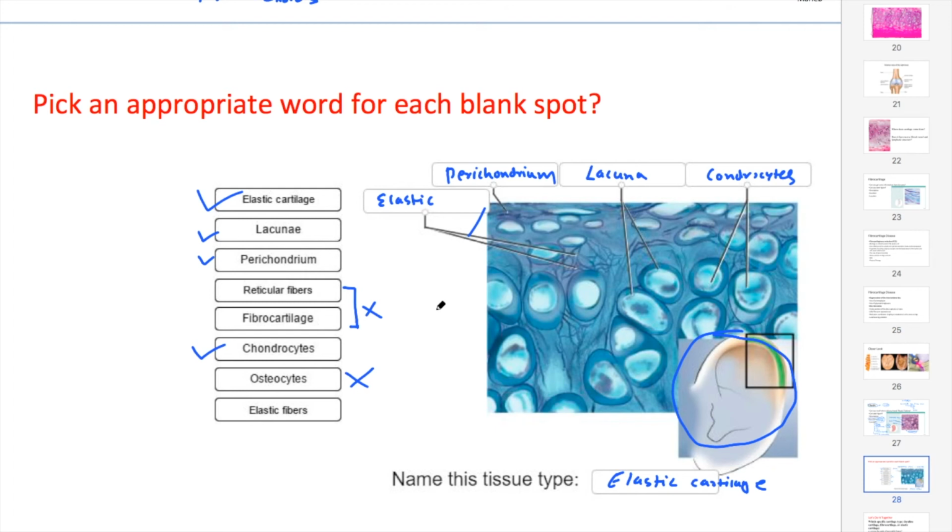These other parts we're talking about are really simple, and they go together with the other types of cartilage. And remember, this is very simple.